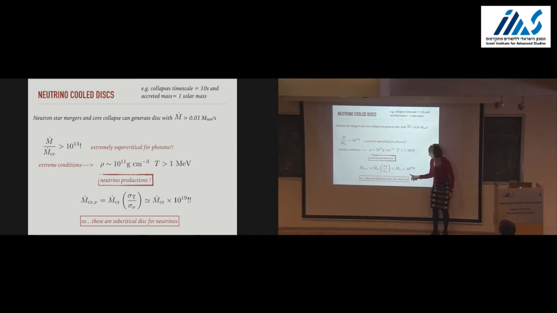And you find out that this critical value is 10 to the 19 times higher. Okay, so this is higher than this. And so these disks are sub-Eddington for neutrino emission. So neutrinos can cool very efficiently, and we go back to the thin accretion disk, a la Shakura-Sunyaev.